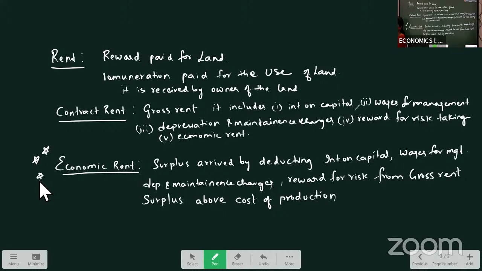Okay, so this is about the concept of rent. Now, next concept we will study, that is interest. What is interest? Interest is the reward which is paid for the services of capital.